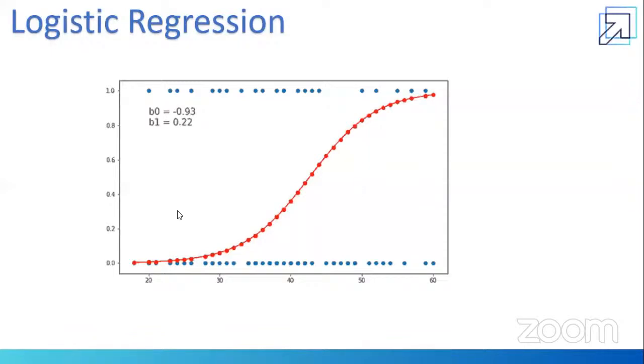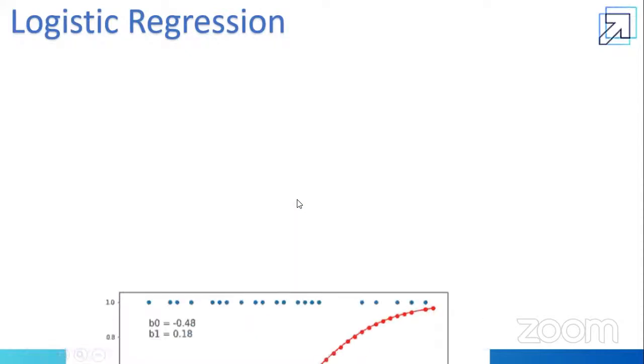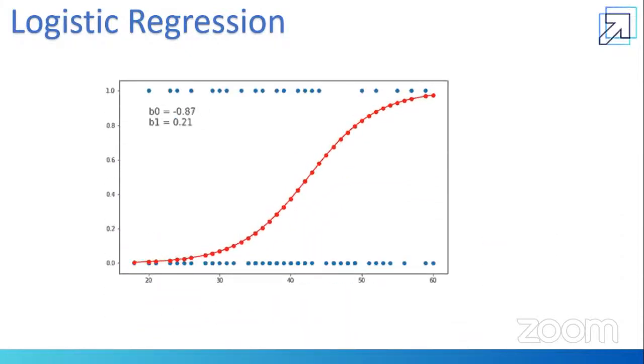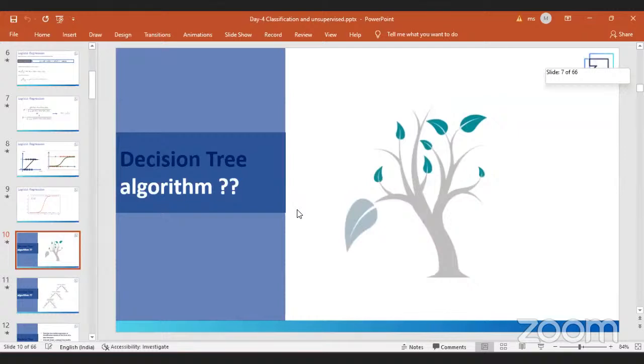We have simply applied the sigmoid function onto the linear regression algorithm, and after applying it, we get our data transformed like this. So this is all about logistic regression theory. Now let us move on to the practical implementation.